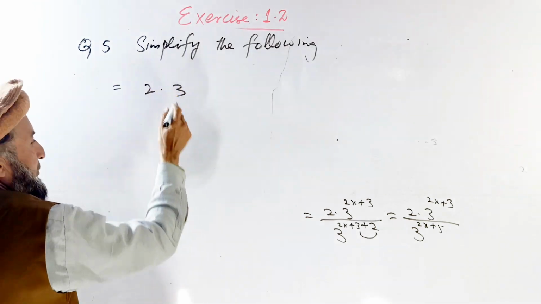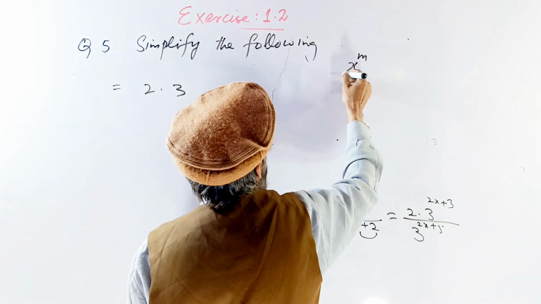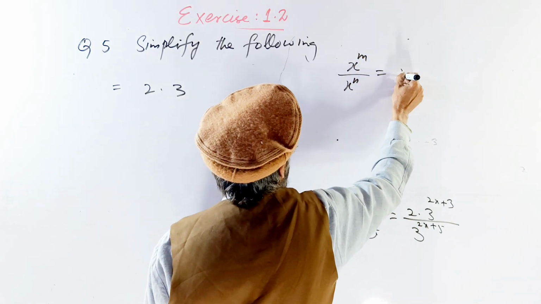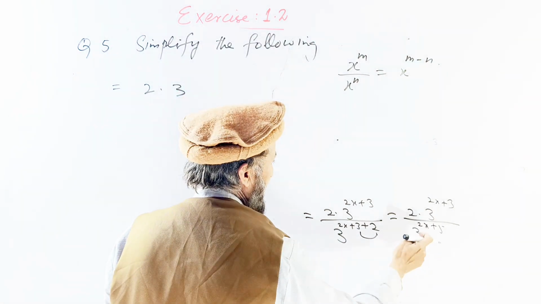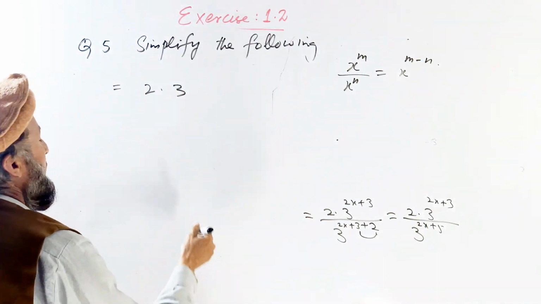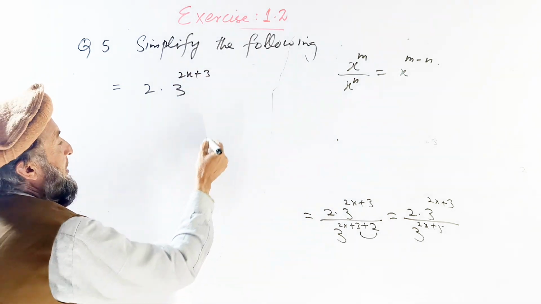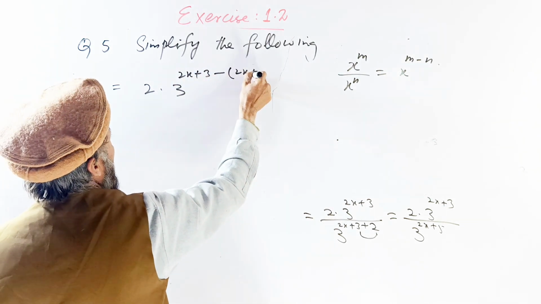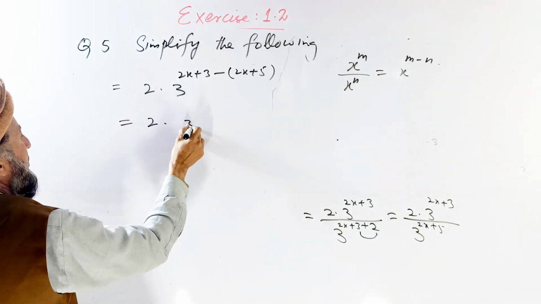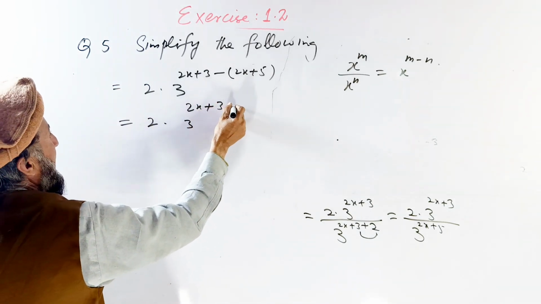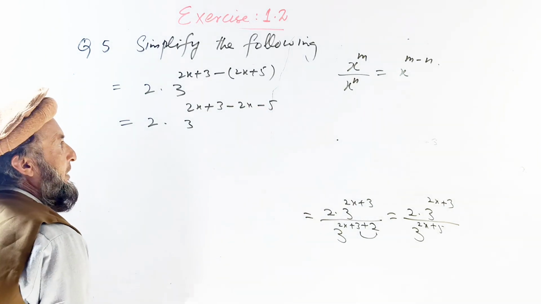2 and 2 3. Now here we use the division rule. According to the division rule, x m divided by x n is equal to, we take one base and we subtract their exponents. Here the bases are same, the case is division, so we take division. Here it is changed into 2x plus 3 minus 2x plus 5 according to this rule. So 2 and 2 3, 2x plus 3 minus 2x minus 5. This minus is multiplied.